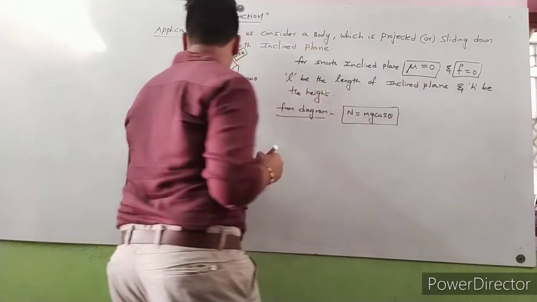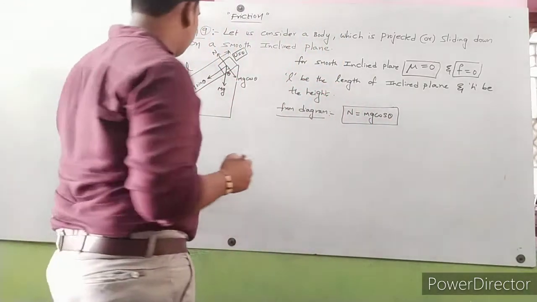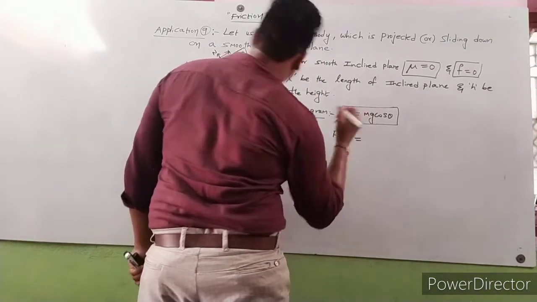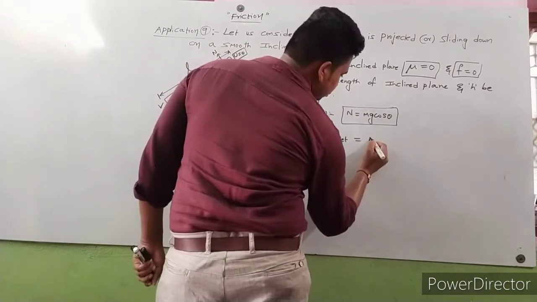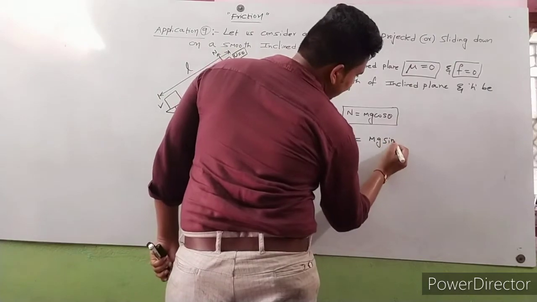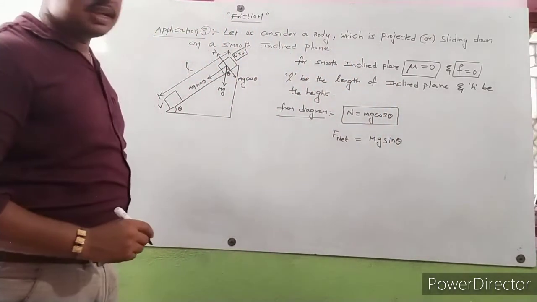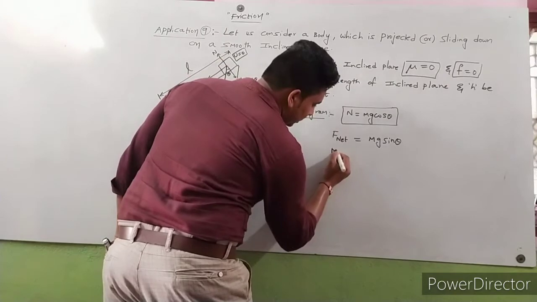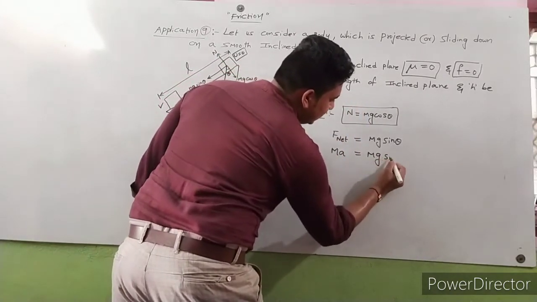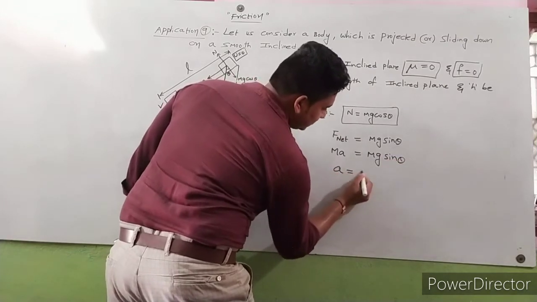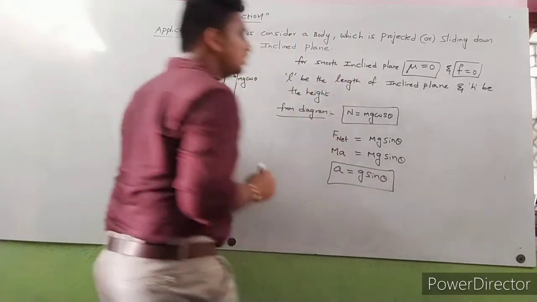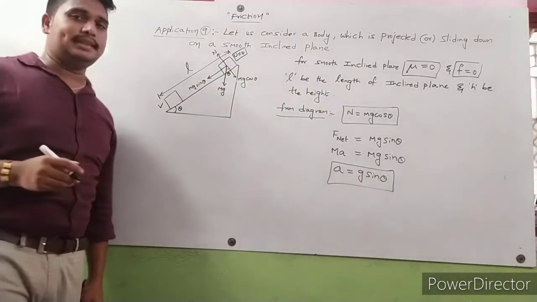The net force acting on this block is equal to mg sin theta. According to Newton's second law, net force is nothing but mass into acceleration, that is equal to mg sin theta. Here we got acceleration is equal to g sin theta. So the acceleration of the block is equal to g sin theta.